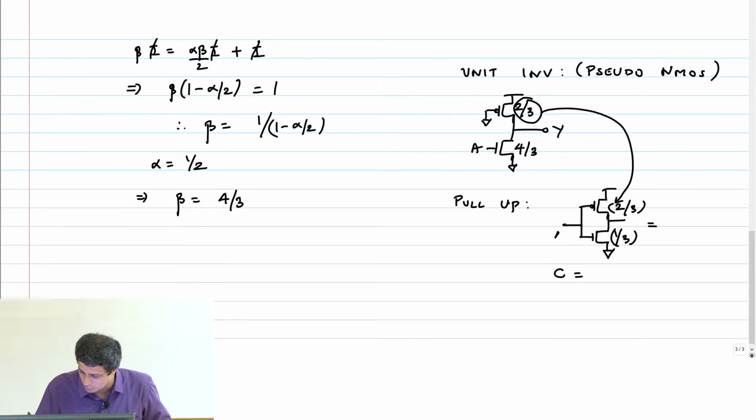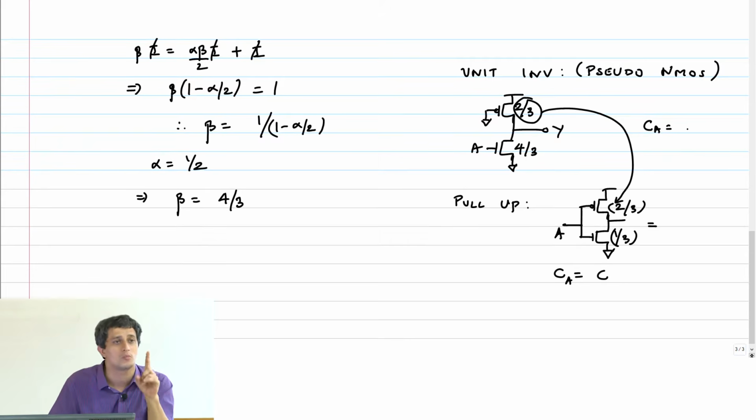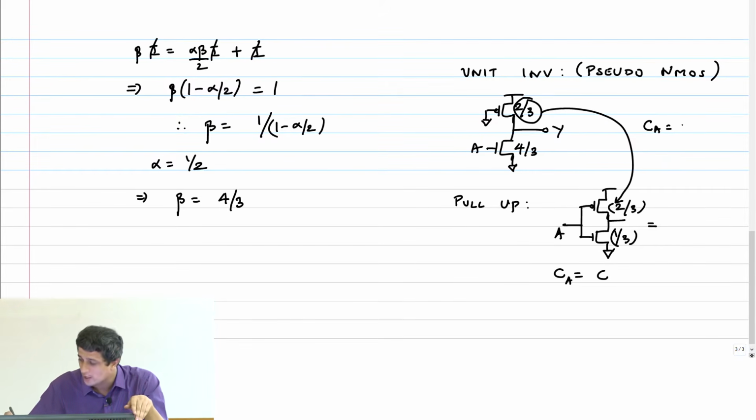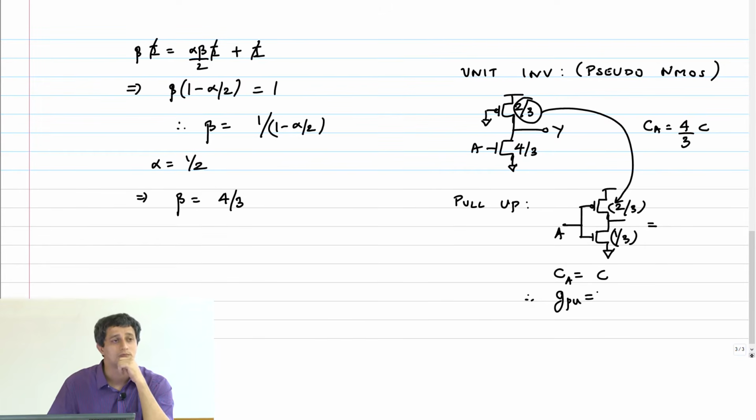CA, this is input A. Here, the input is connected only to the NMOS transistor, so CA is 4/3 C. Therefore, the logical effort for pull-up is equal to 4/3.